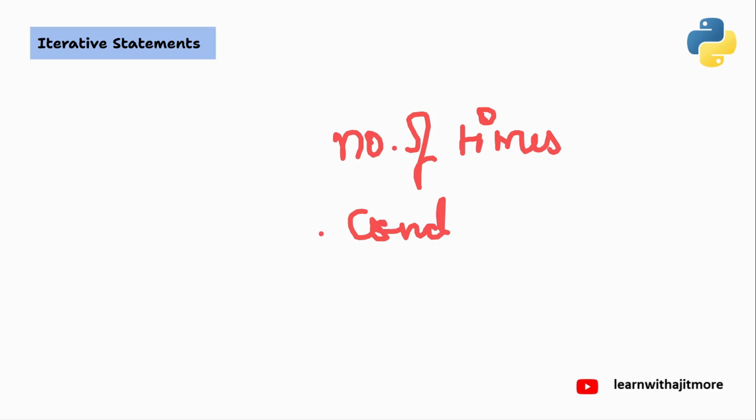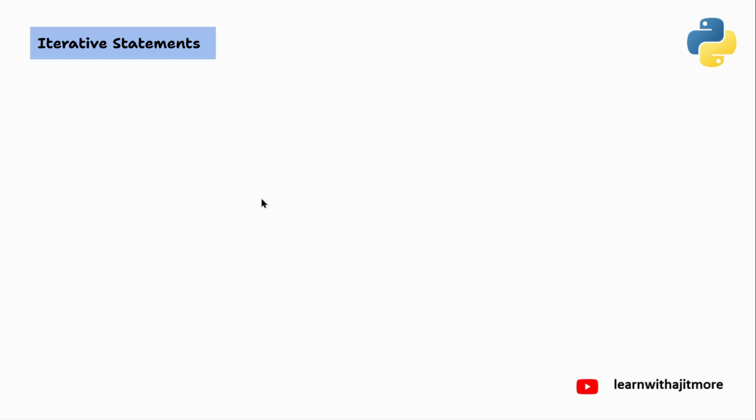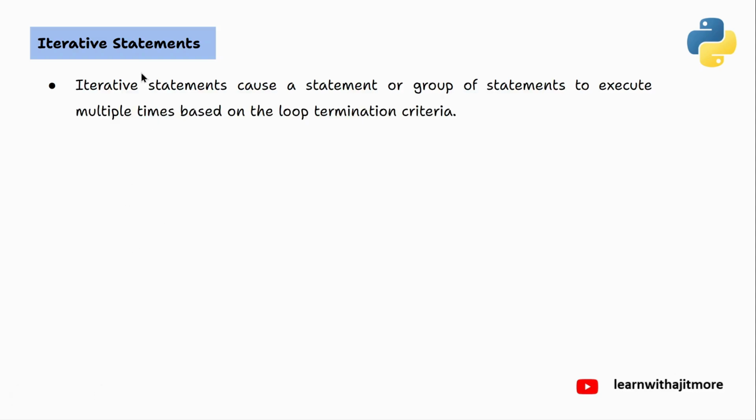Other way, till the condition is true, it will keep repeating, and the moment the condition becomes false, it will stop. Okay, so I hope you're understanding. Now in Python, there are only two types of loop. Very simple. They have given one while loop and another is a for loop. We'll learn the syntaxes, how it works, everything we'll learn.